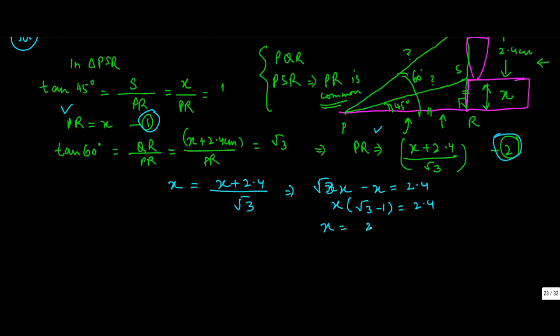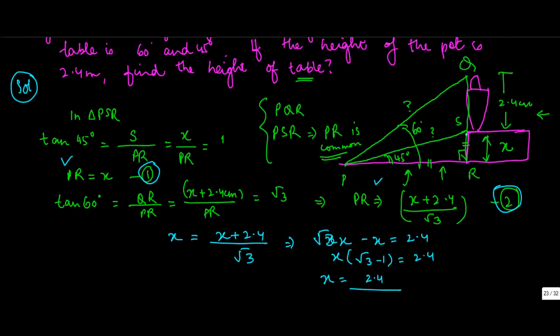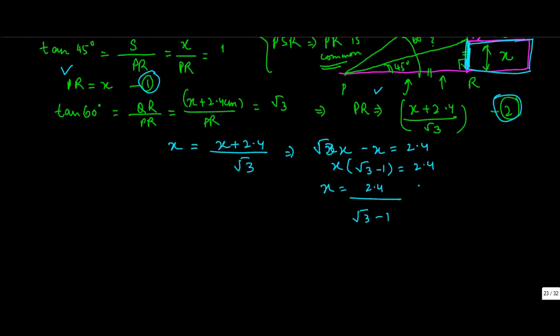Hence x is equal to 2.4 divided by root 3 minus 1. And this is what we had to find out. We had to find out the height of the table, which was x. So x I have got as 2.4 divided by root 3 minus 1, and that's the answer. Okay.